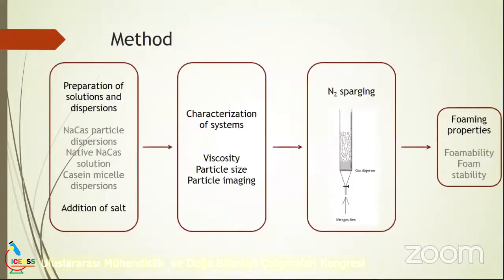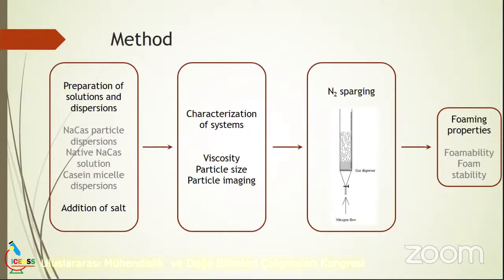And this is the method that I have used, the preparation of solutions and dispersions. First, of course, I have prepared sodium caseinate particle dispersions, which I will explain in the next slide how to prepare. Native sodium caseinate solution and casein micelle dispersions with or without the addition of salt.